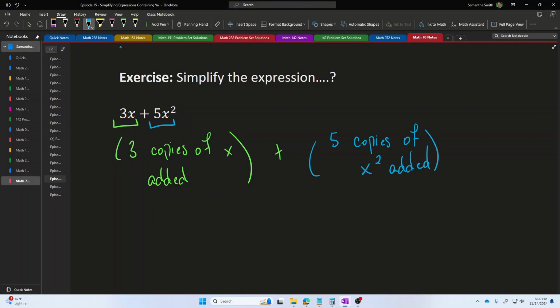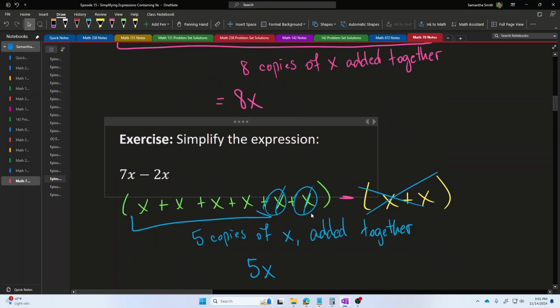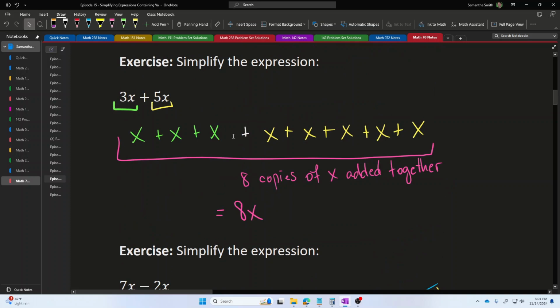And so what I'm essentially trying to do here is combine apples and oranges. I have a pile of three objects and another pile of five objects, but those piles are not the same object. So it's not like trying to combine one pile of 3x's with another pile of 5x's, where the piles that you are combining are two piles of exactly the same object.